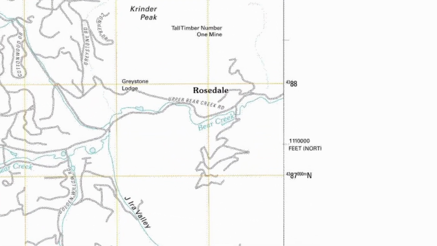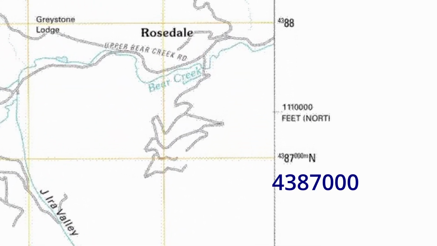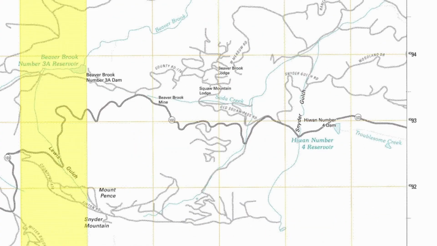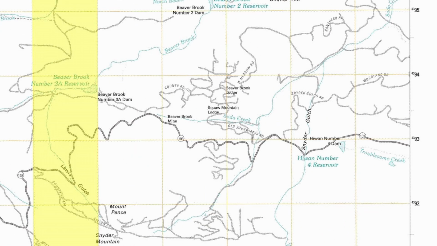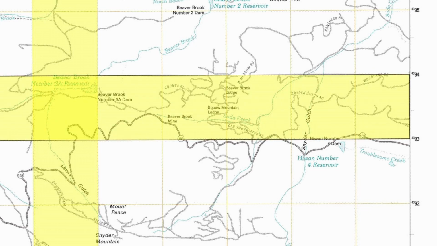Next, we look on the side of the map and we can see 4387000. So moving up the map, we can see that the reservoir is in row 4393. Again, the last three digits are not shown.